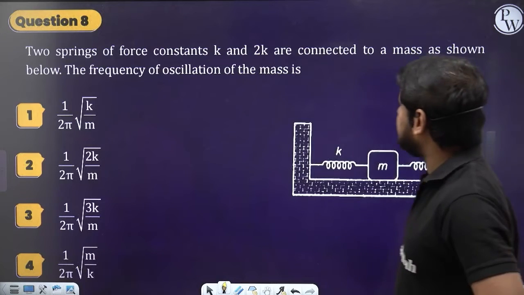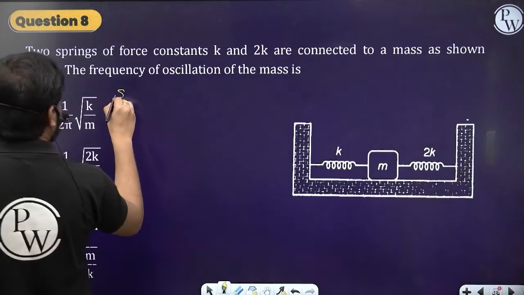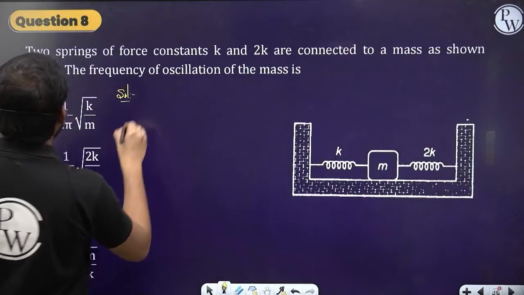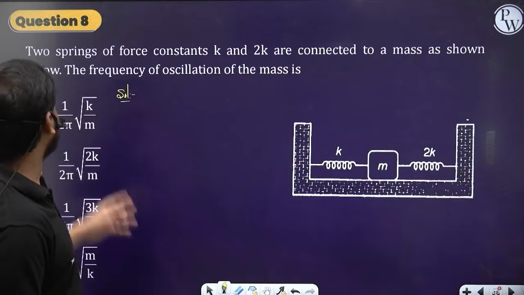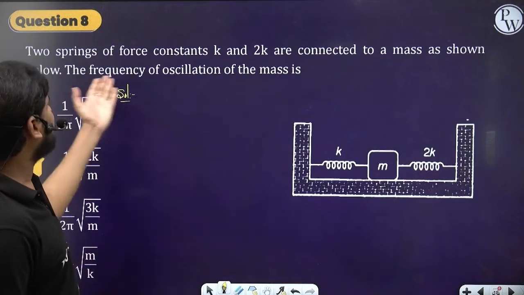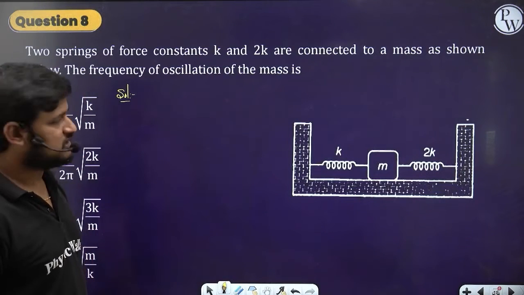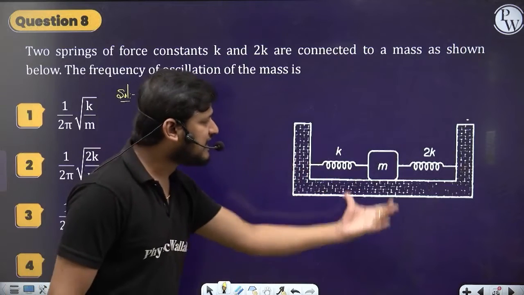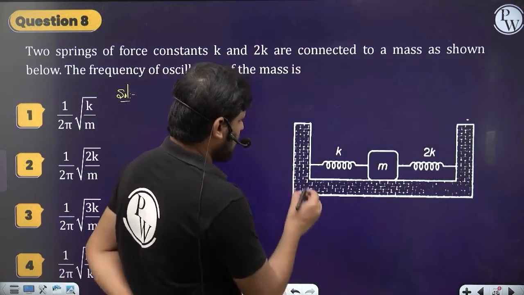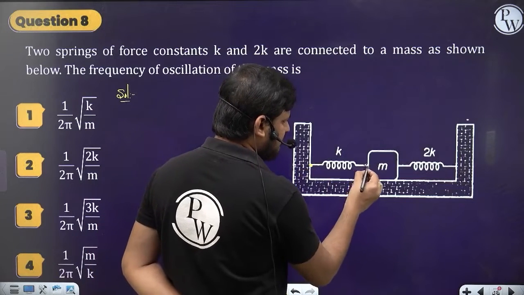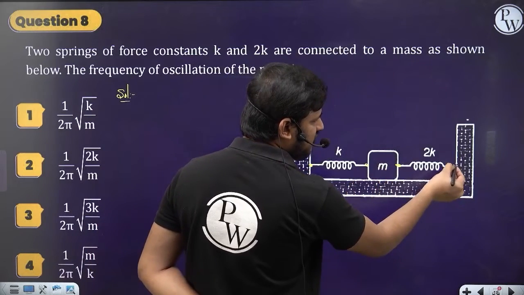So this question you can solve now. They are asking: two springs of force constants K and 2K are connected to a mass as shown in the figure. The frequency of oscillation of the mass? First, how are they connected, series combination or parallel combination? One end to the fixed end, one end to the mass. One end to the mass, one end to the fixed end.